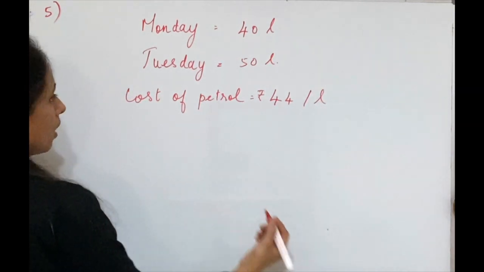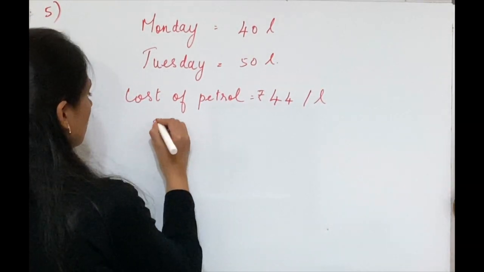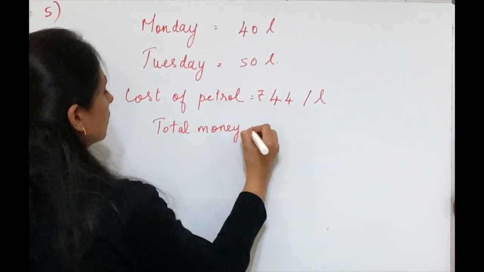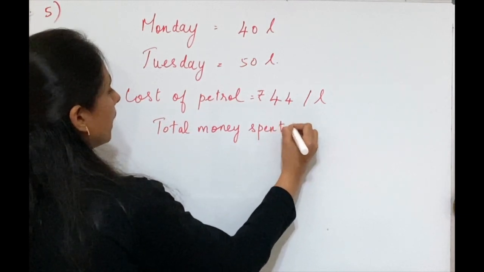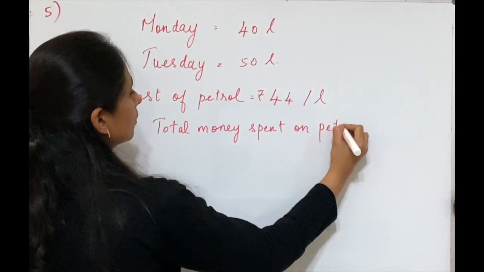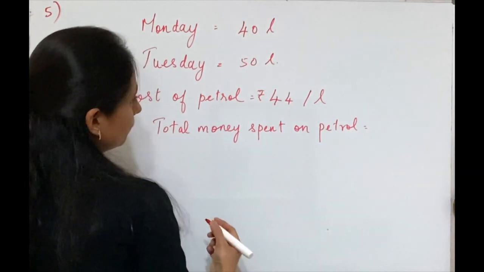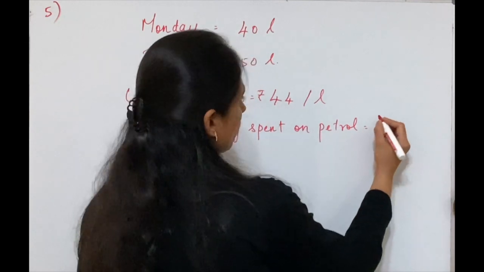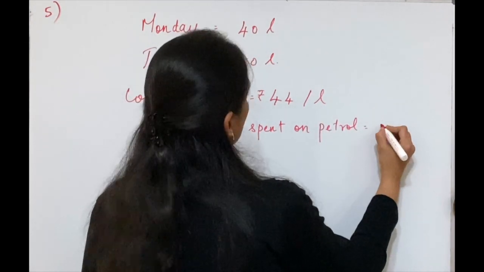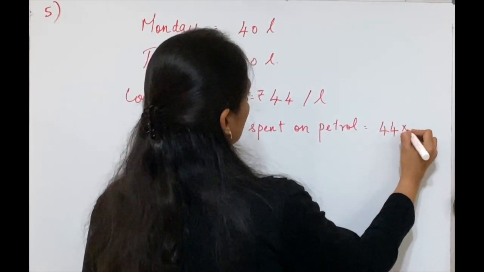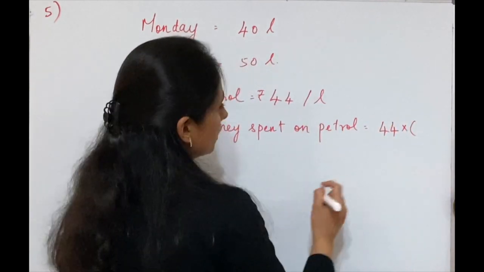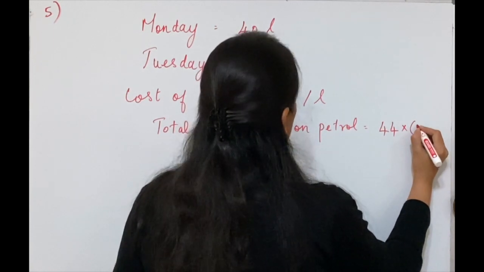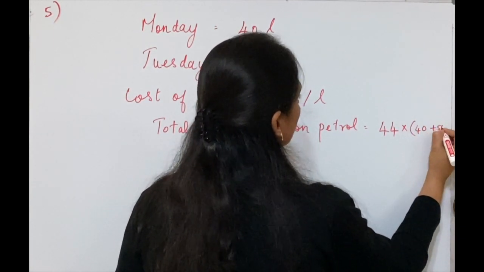Now they are asking total money spent on petrol is equal to how much? So we are going to write 44 into, on 2 days he filled 40 liters and 50 liters, so 40 plus 50.